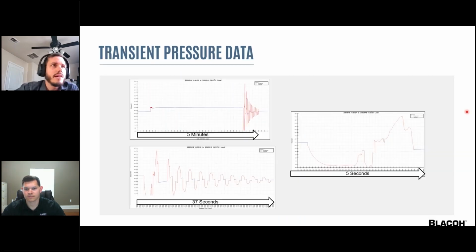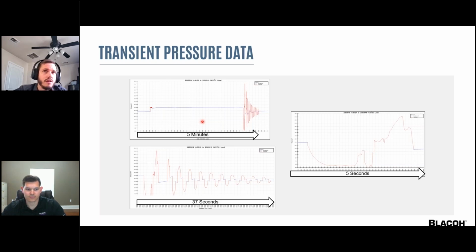So here's an example of transient pressure monitoring. It's a visual recording graph of 5 minutes worth of data of steady state and transient pressures. When the thousands of data points are arranged together, they give you not only a good overview of the pressure ranges, but also a detailed view of each pressure oscillation.